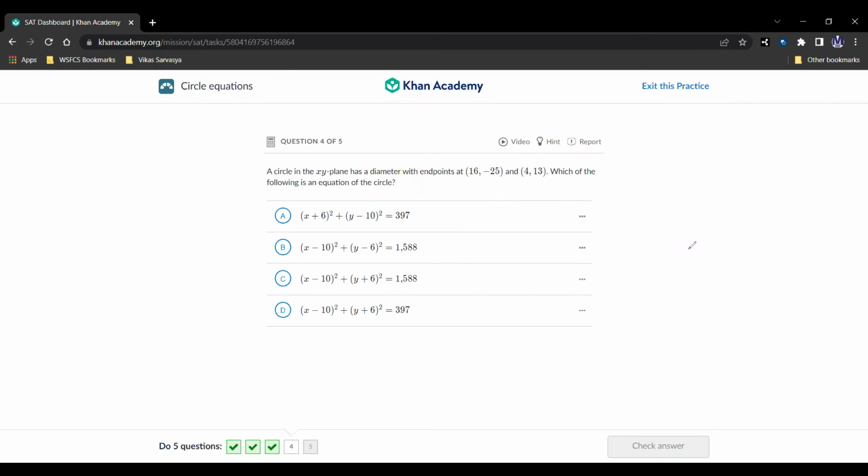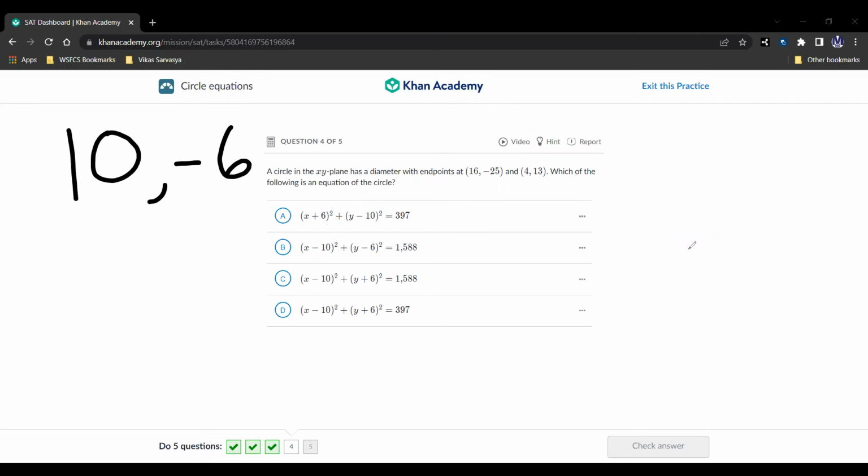Once you know the formula for the circle, everything goes by very quickly. We have (16, -25) and (4, 13). Find the midpoint. It's going to be (10, -6). So (x - 10) squared plus (y + 6) squared is going to be C or D. We need to find the radius, so we can find the diameter first.